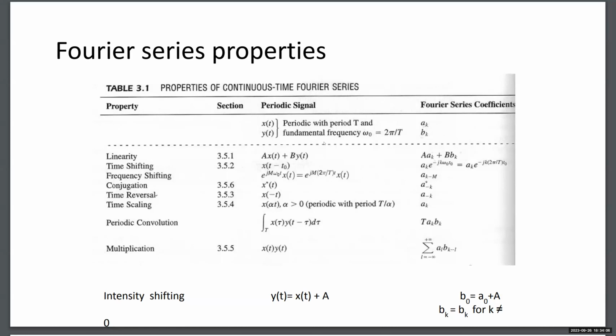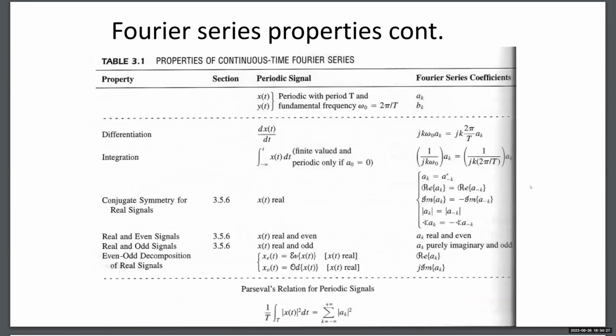As you can see, with each different modification, there's a corresponding change to the Fourier series coefficient. For example, for time reversal, where you go from x of t to x of minus t, your Fourier coefficient becomes a of minus k instead of a of k. There are all these properties, and we'll get into a few more of them with the problem, but this table is going to be your best friend.